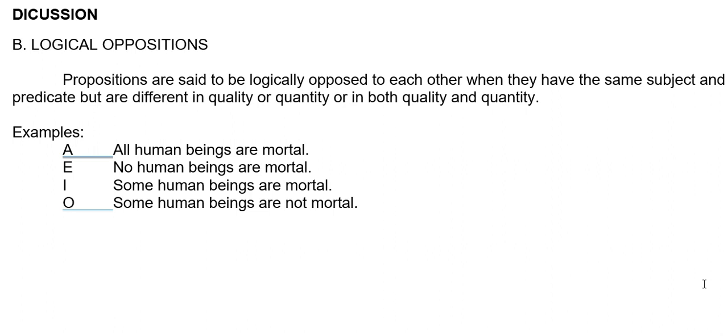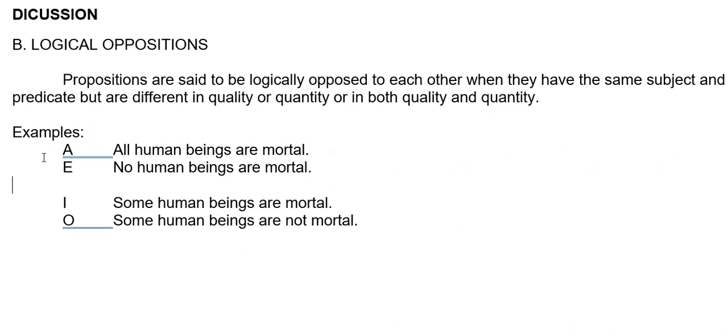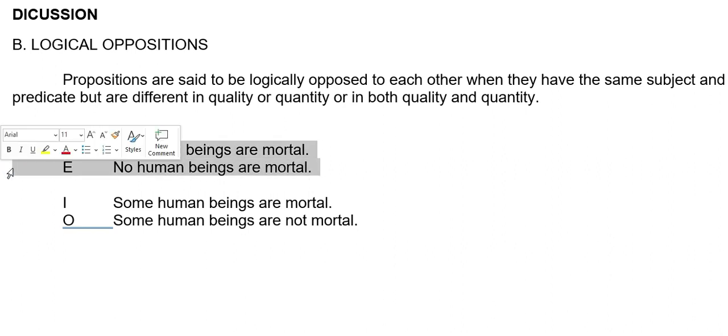Examples: All human beings are mortal. No human beings are mortal. We can see the opposition in these two propositions.